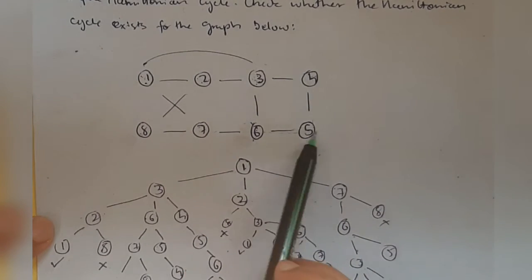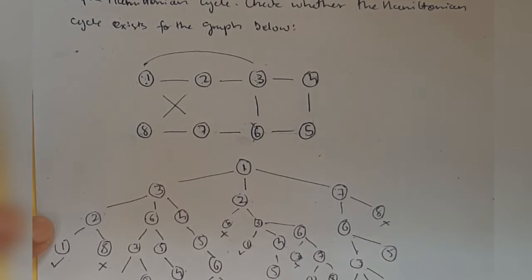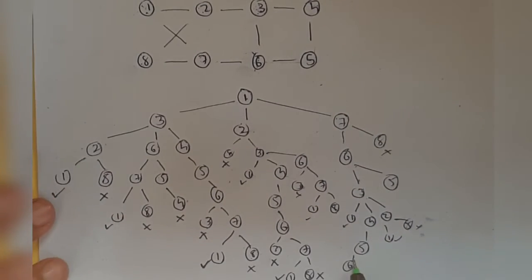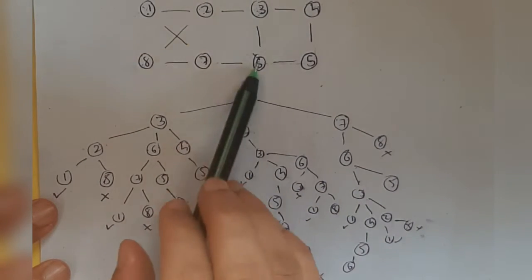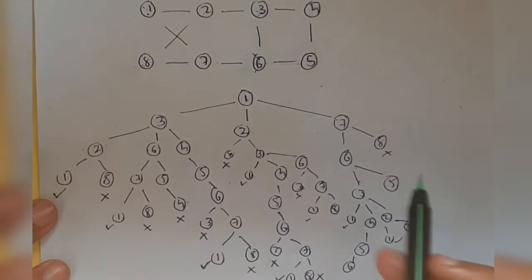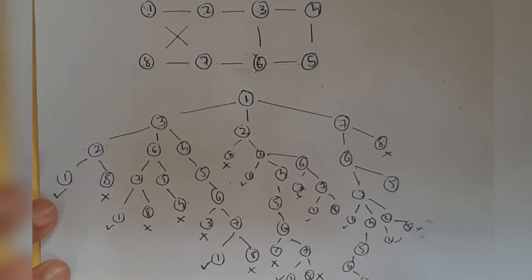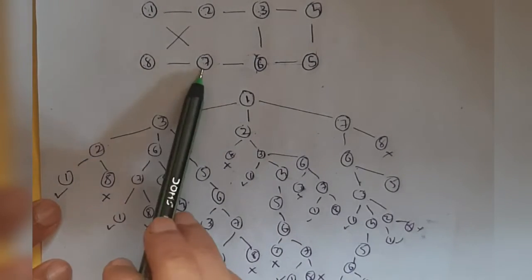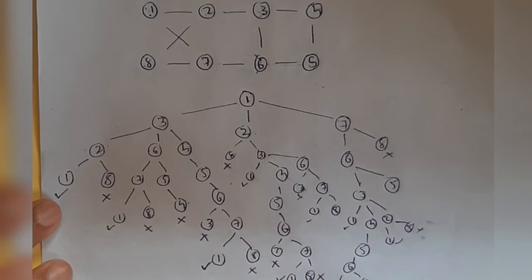From 5, 6. Then from 6, I have two options, 3 or 7. 3 is already repeated, so I can't take it. I'll go with 7, and from 7, I can go to 1 or 8. Through 1, I'll get the answer. So I'll go with 1.